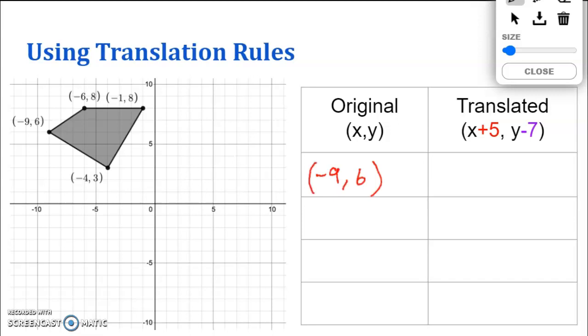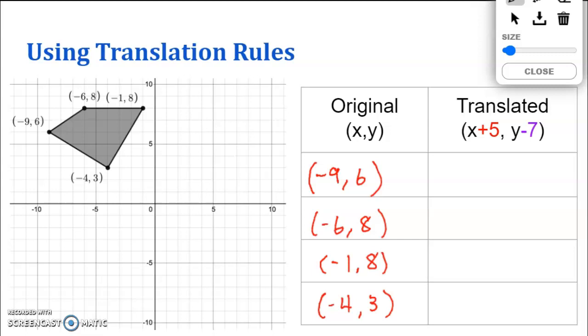Notice that I need to put parentheses. If I don't put parentheses, that's not the x and y coordinate. And then (-6, 8), and (-1, 8), and (-4, 3). I literally just copied all the coordinates that are written there, because that is the coordinate of each of the corners.